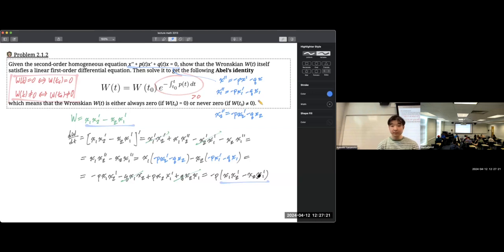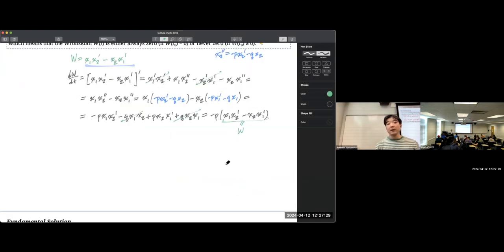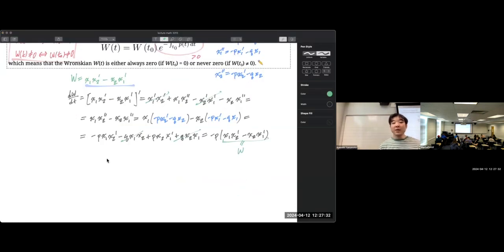They're the same, so this is the Wronskian. All right, so we have now shown that the Wronskian itself satisfies a first-order linear differential equation. So what is the linear first-order differential equation? You have dW over dt is equal to negative p W. So the Wronskian itself satisfies a first-order differential equation.